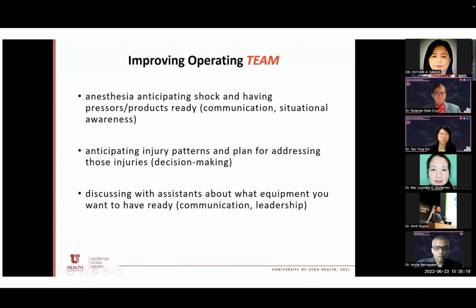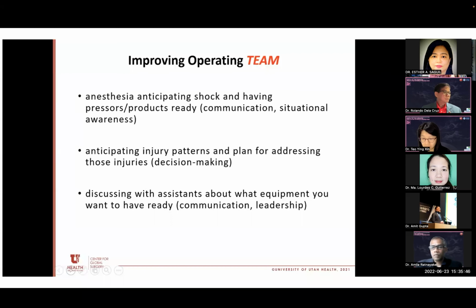So how do you go about improving that operating room team? Communicate with the anesthesia team to ensure that they can anticipate shock when you open up the patient's abdomen and you have sudden loss of tamponade, as the patient may deteriorate suddenly. And so having either pressors or products or both immediately available is important.